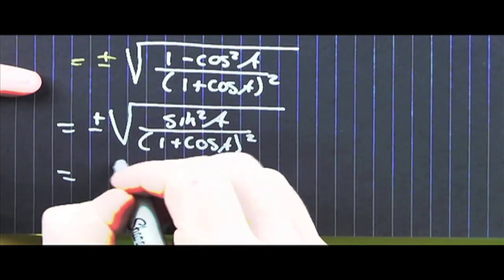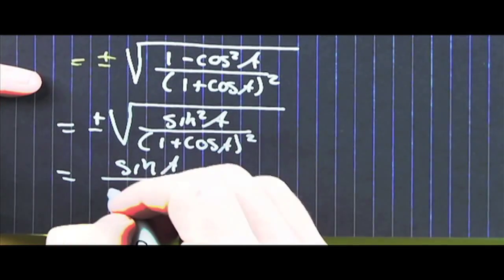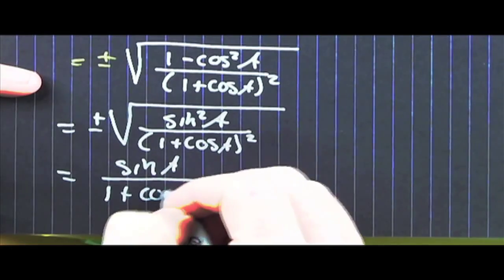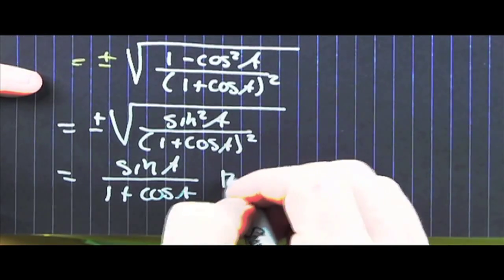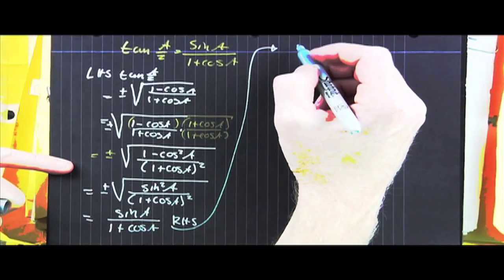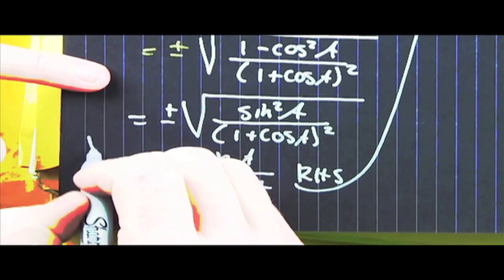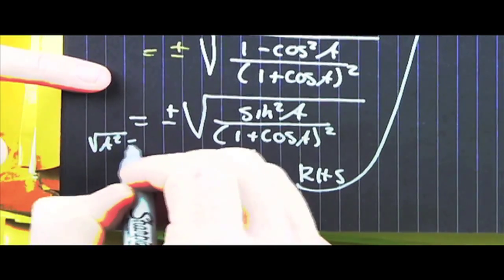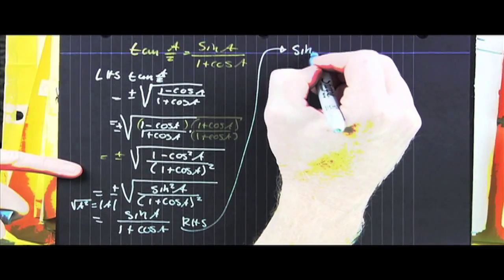Then what? Oh, really? You have the square root of a couple of squares and you get the sine of a over the cosine of a? That is the right-hand side. But why? Oh, that's the definition of absolute value, and I can get rid of that plus and minus.